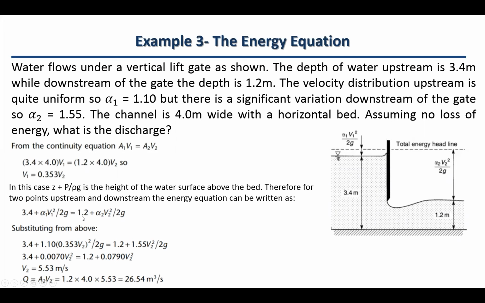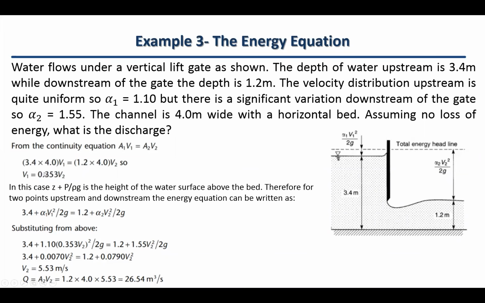On the right hand side, P2 over rho g is the 1.2 meter pressure head of the water, plus the velocity head of the second section, alpha 2 V2 squared over 2g.